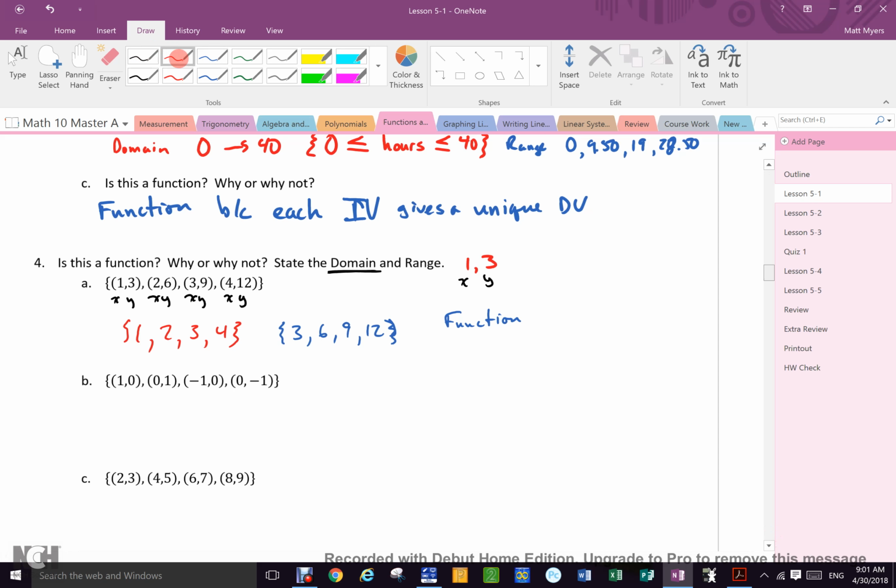What is my domain in red? 1, 0, negative 1. Even though I've got 2 zeros, it's only one value, right? What's my range? 0, 1, negative 1, correct?